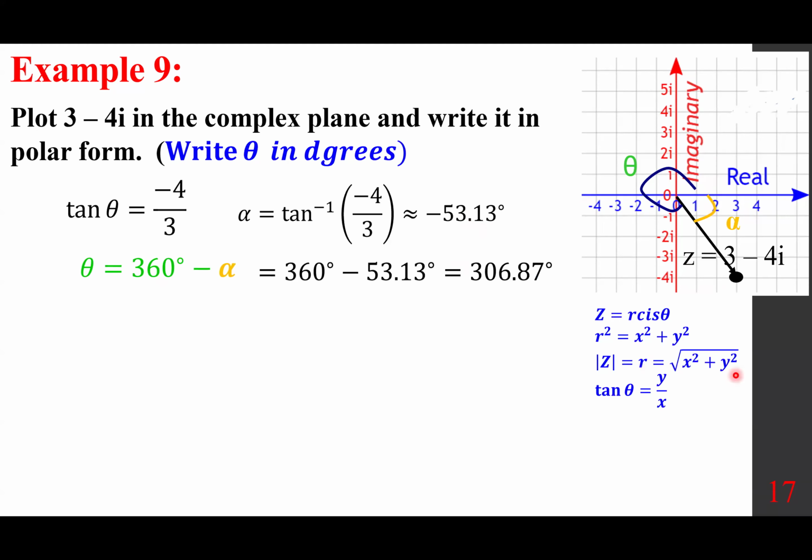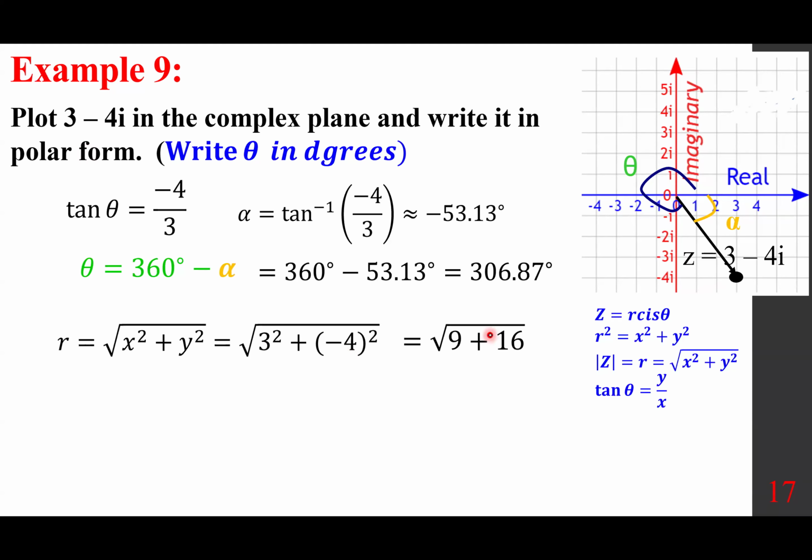Now r is square root of x squared plus y squared. That means 3 squared plus negative 4 squared under the radical, and this is 9, this is 16, and therefore this is 25, comes out as 5.